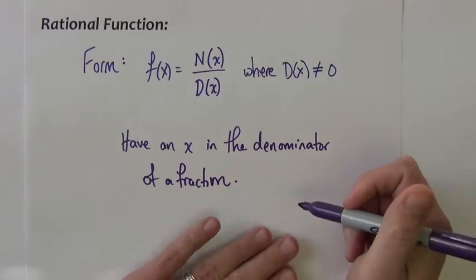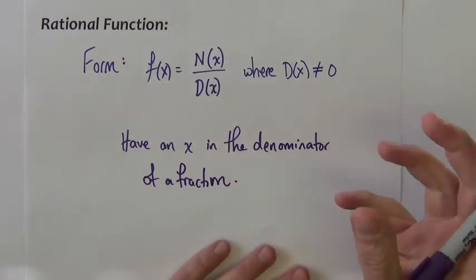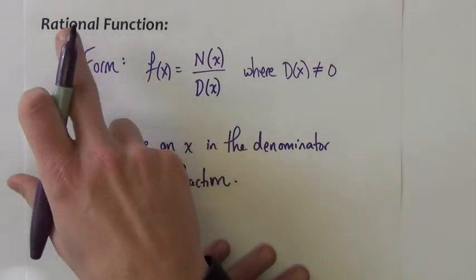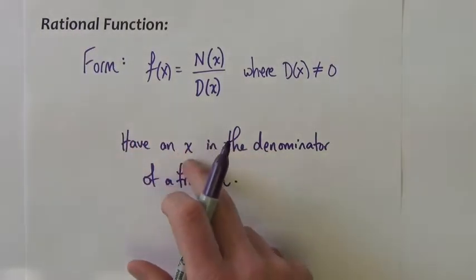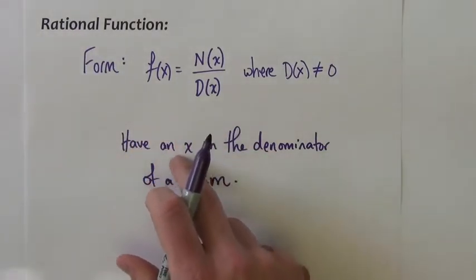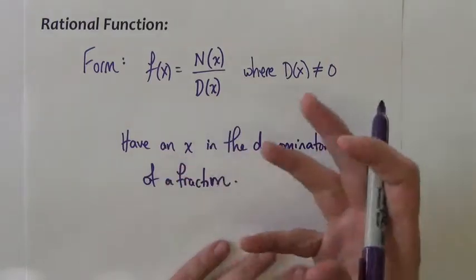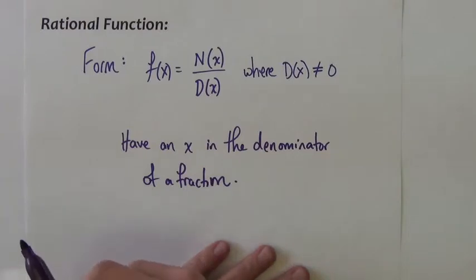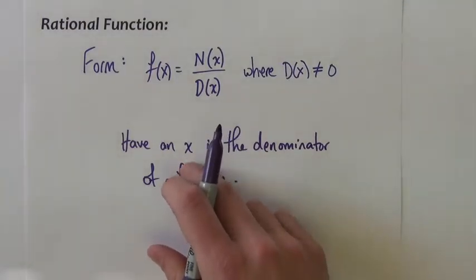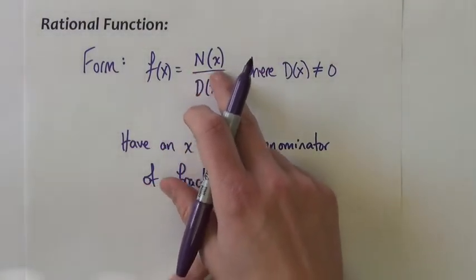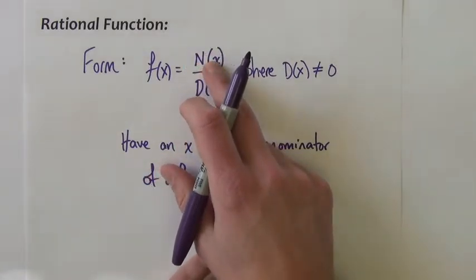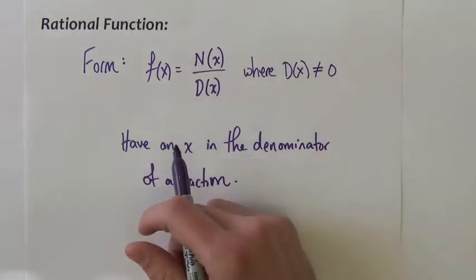That'll be unique compared to what we've done in the past, and something that every rational function will have in common is they'll be dividing by an x somewhere. Sometimes it's dividing by an x minus 2 or an x plus 3, but there'll be an x on the bottom of that fraction. Sometimes the numerator has an x as well. Sometimes it's just a constant value though.